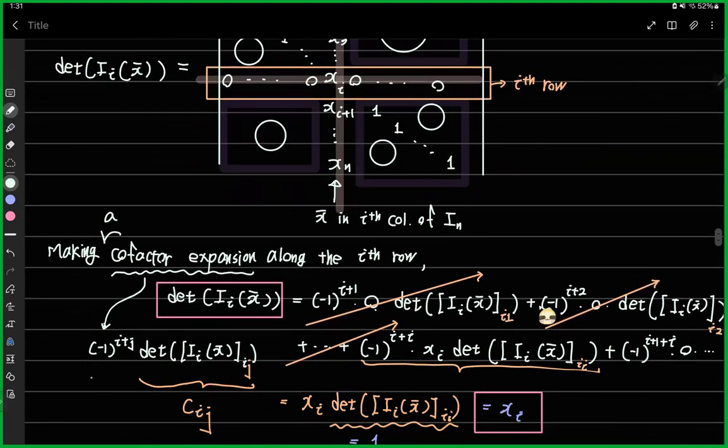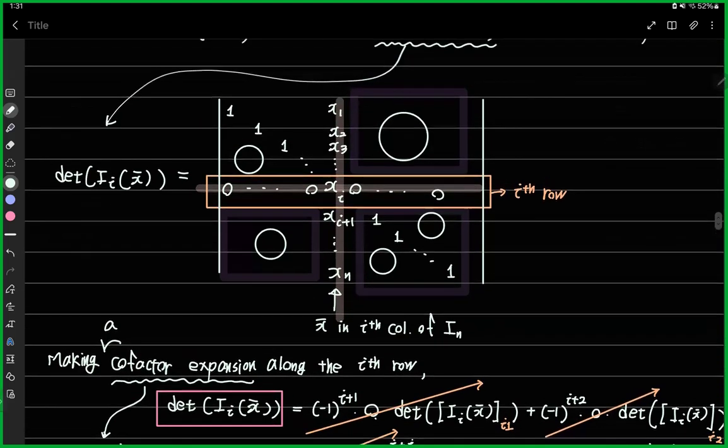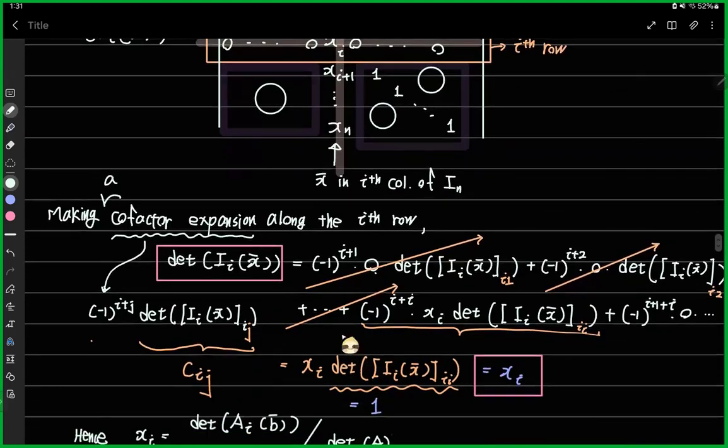And plus minus 1 to the I plus 2 times 0, where 0 is from the second entry in the ith row, times the determinant of the cell matrix deleting the second column in the ith row, and so on. Since the value of the entry is 0, the first term, the second term, through the I minus 1 terms are gone. And the I plus 1 through the nth terms are gone because of the entry 0, as you can see in the ith row.